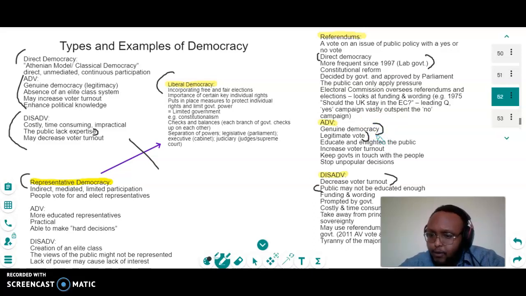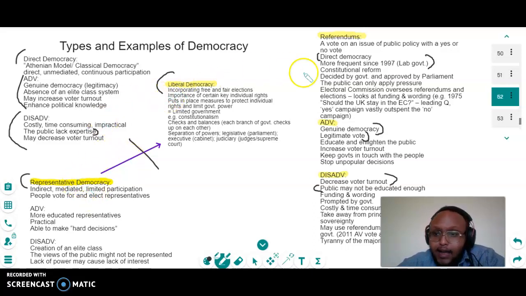So there's not this elitist system in the House of Parliament that is making all these decisions without the necessary consent on a big issue like Britain staying within or leaving the European Union.